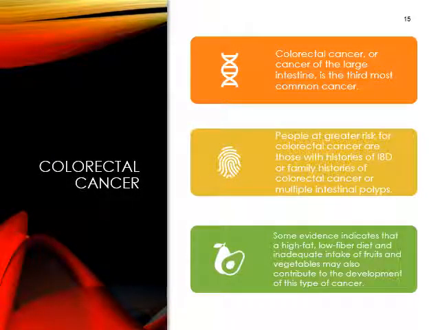Colorectal cancer. It's the third most common cancer of men and women. It can tend to run in the family. People at great risk for colorectal cancer are those with histories of irritable bowel disease because of that constant inflammation, family history of colorectal cancers, or multiple intestinal polyps.